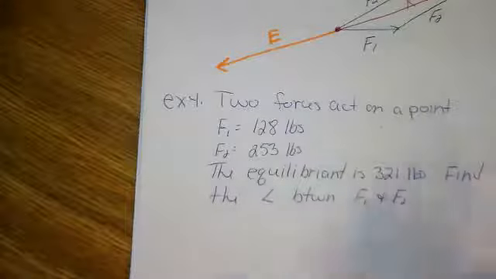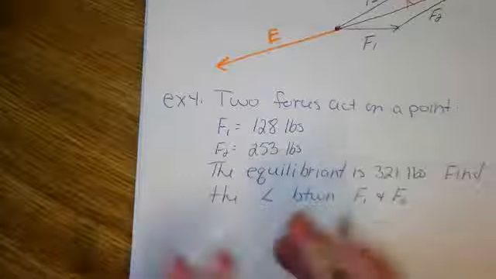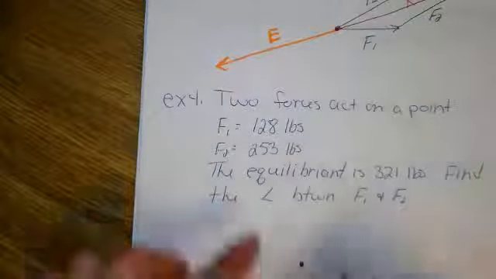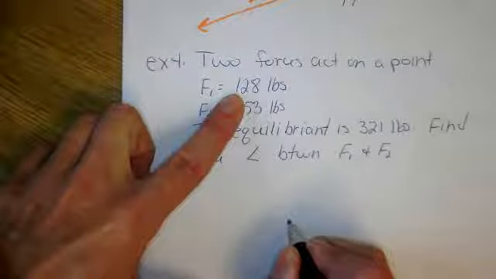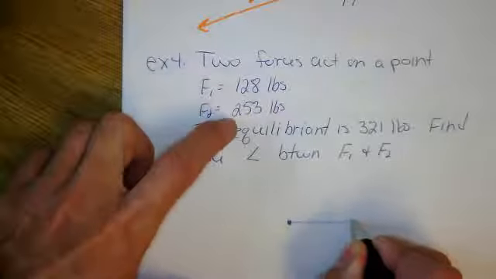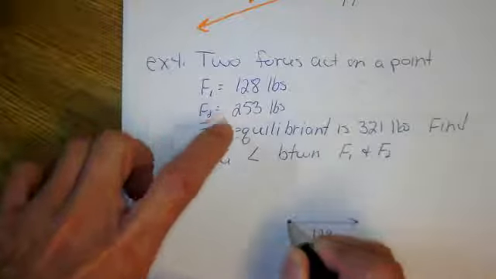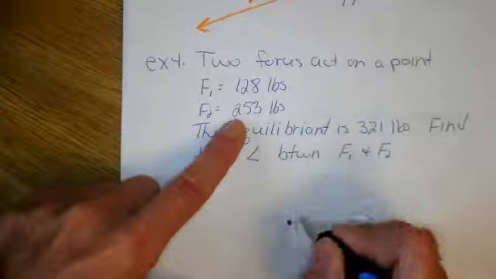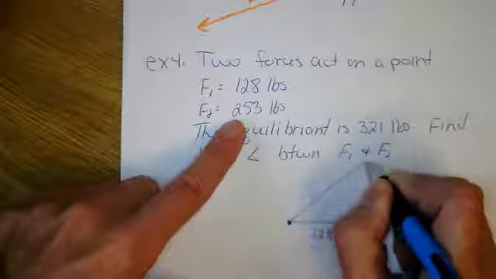So here's our point. Again, direction doesn't matter. I usually just start writing the first one directly to the right. So force 1, 128. The second rope is pulling on the same point, 253. I have no idea what angle, but I know it's longer than 128.